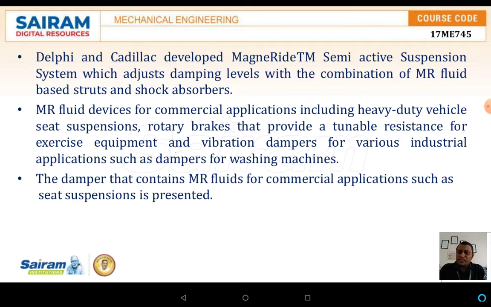The MR fluid devices' commercial applications include heavy duty vehicles, seat suspensions, rotary brakes that provide a tunable resistance for exercise equipment, and vibrational dampers for various industrial applications such as dampers for washing machines.